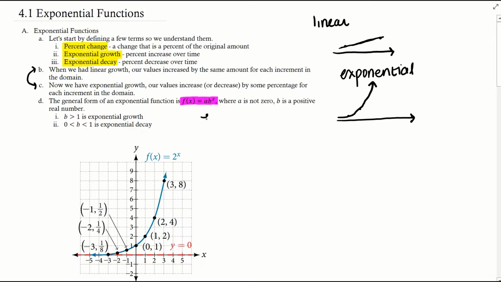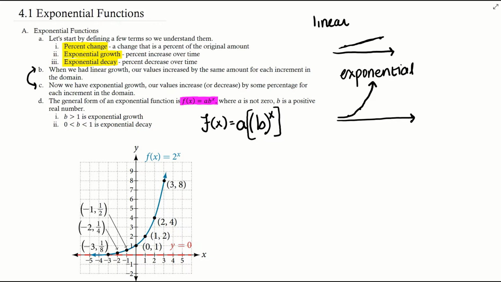If we were going to use parentheses, it would be a times (b to the x). And it would be this whole b to the x. That is one value. So it is not (ab) to the x. Don't confuse that. So a cannot be 0.